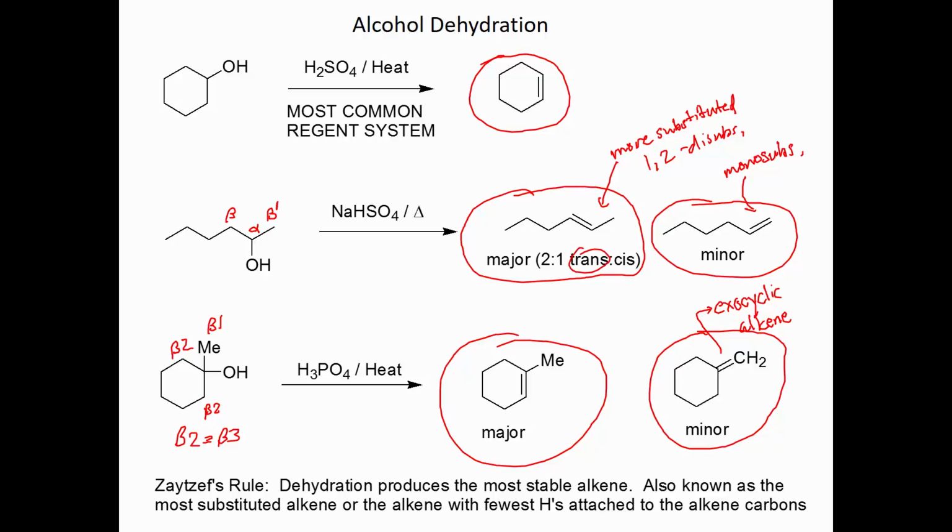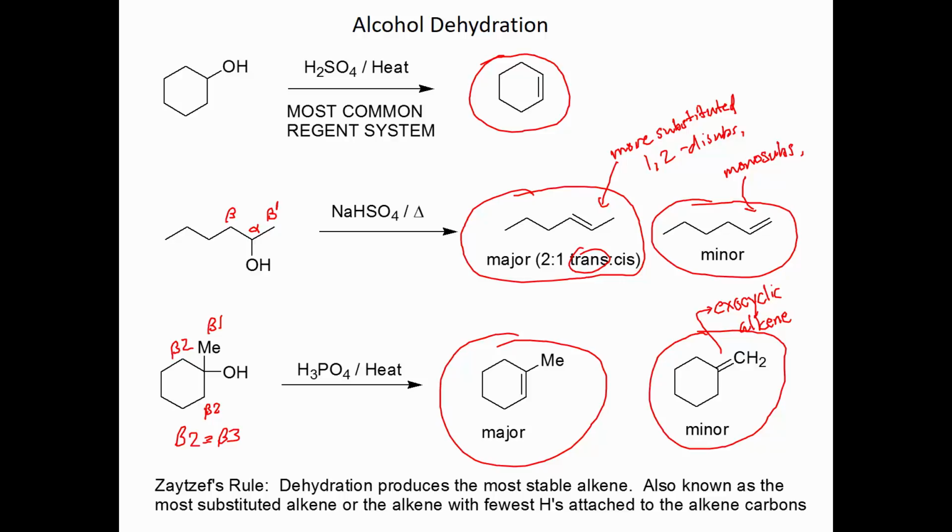Okay, so what we see here is that the alkene prefers to locate itself in the more substituted position, the 2 position over the 1 position, or the middle of the chain over the end of the chain, and it prefers the trans isomer over the cis. And we've realized that this is totally paralleling alkene stability, right? The more substituted alkene is the more stable one, and trans is more stable than cis.